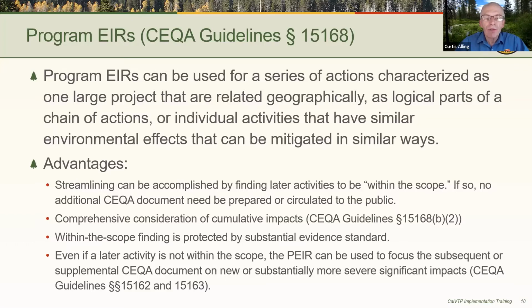The within the scope finding is protected by the substantial evidence standard. I'll talk about that a little bit more in a minute. And then even if a later activity doesn't qualify as being fully within the scope, the program EIR can be used to still streamline the process by focusing any follow-up environmental review to the topics that haven't been addressed, haven't been covered essentially in the program EIR. Next slide, please.